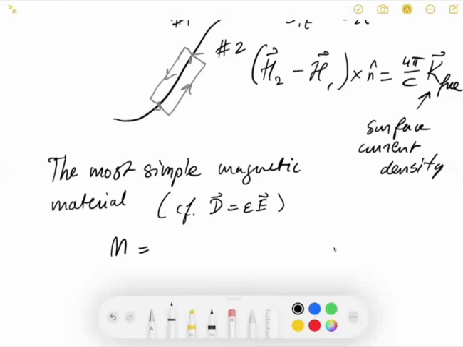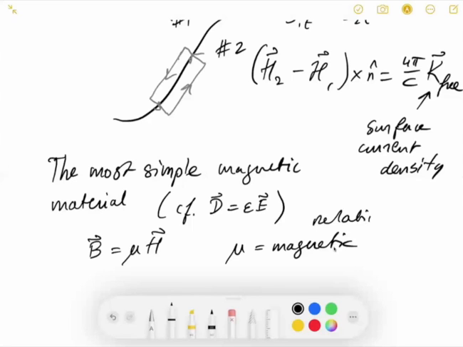Oh, sorry, not M. That's why I couldn't find it. That B is mu times H, where mu is the relative magnetic permeability, I believe, permeability. I can never remember which one is permeability and which is permittivity. One is for magnetism, the other is for electricity.